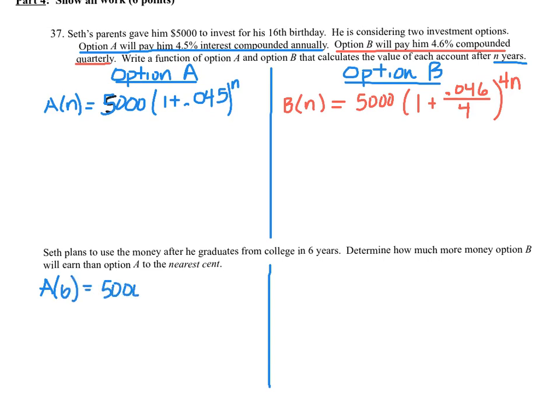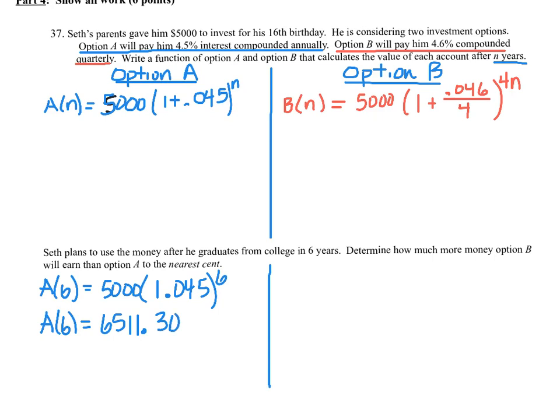So 5,000 times, well, I know 1 plus 0.045 is 1.045, right? And I'm going to raise that to the 6th power. So when I do that, I end up with $6,511 and 30 cents.